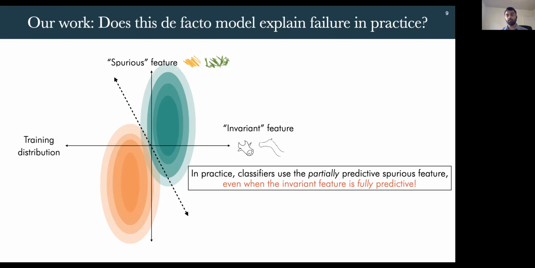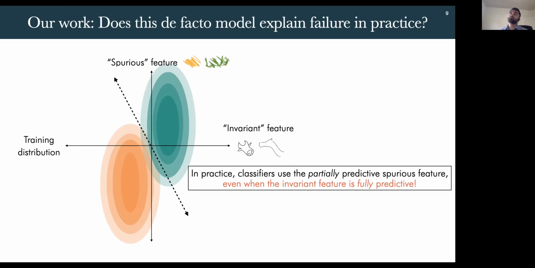This is like the cow-camel example that I showed you a few slides ago. There, the background was only 85% correlated with the label, but the shapes were 100% predictive of what the label is. And yet you would see that the classifier uses the background features. Unfortunately, this theoretical model cannot explain why this happens in practice.